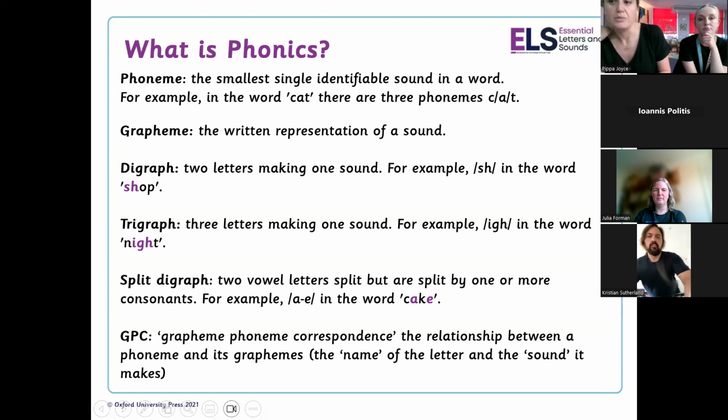And then you'll probably hear us talk quite a bit about GPCs. So the grapheme phoneme correspondence is basically the relationship between a phoneme and its grapheme. So the name of the letter and then the sound it makes. So the children recognise that there is the representation, an S, but it's a S is the phoneme.